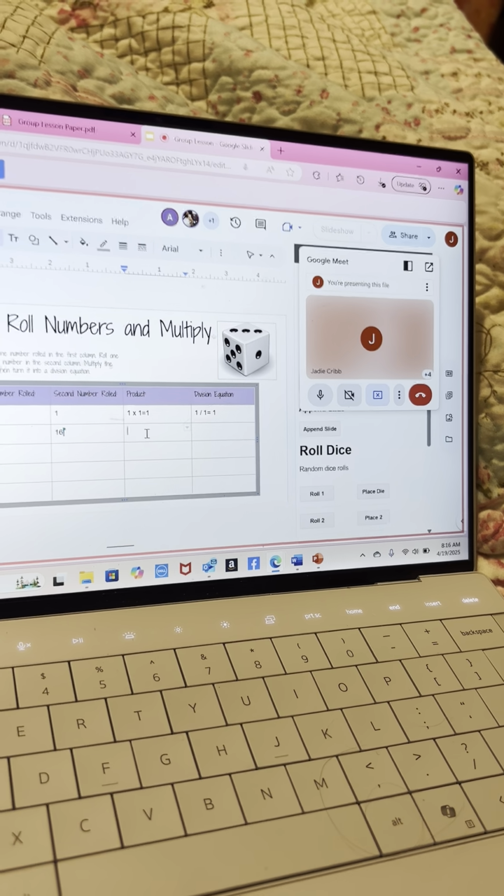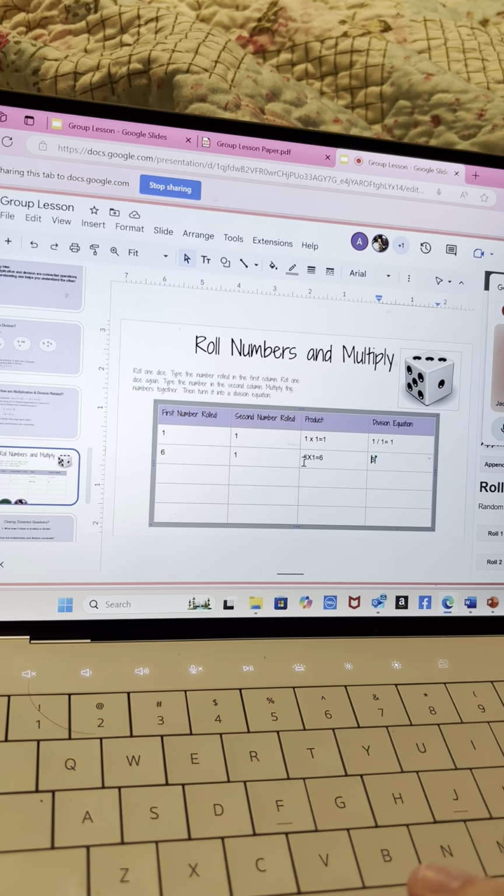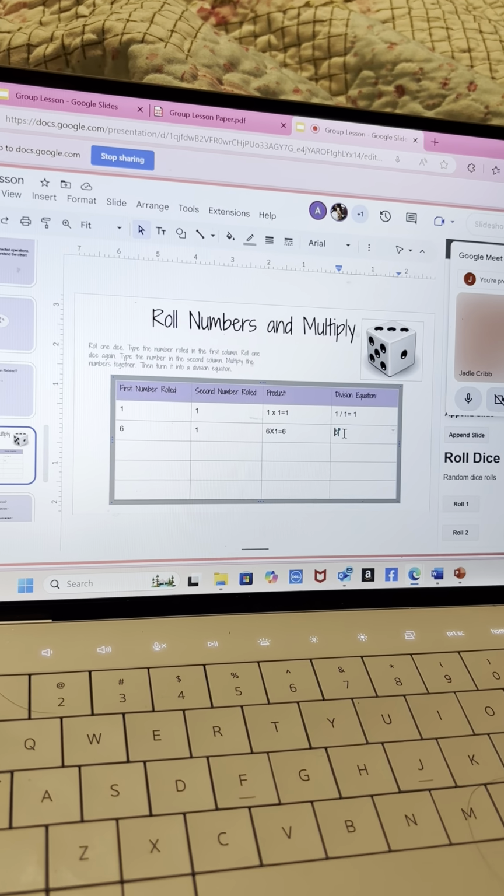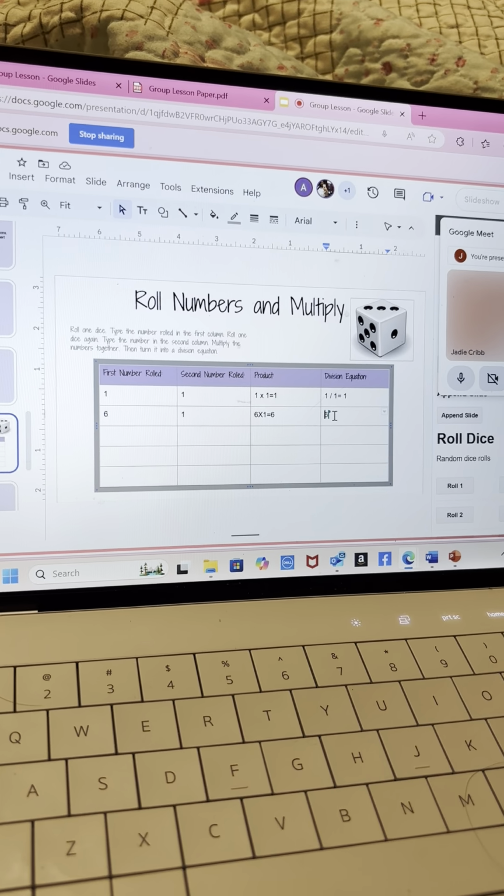Okay, and then we're going to create a division problem out of that. So we would do, what would we do? 6 divided by what? Actually, we would do 6 divided by 6 is equal to 1. Oh, okay.